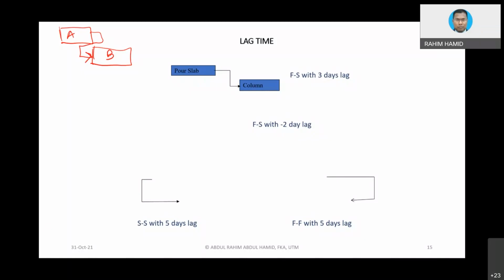It doesn't mean that B will start on Tuesday. No, because when we complete A on Tuesday, that is already the end of the working day, maybe at 6. So we cannot continue with B on Tuesday. We are going to start B on the following day. In terms of calculation, let's say A is 2 days and B is 2 days: 0 plus 2 equals 2, then 2 plus 2 equals 4.